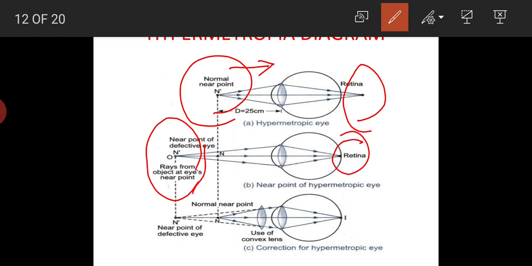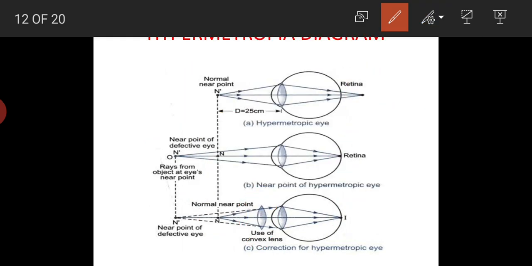Now if you place the object at the near point, then in order to see that object clearly, the image should form on the retina. In order to form this image at the retina, the person should use a convex lens. Practice this diagram very perfectly. This is very important regarding 4 marks or 8 marks.